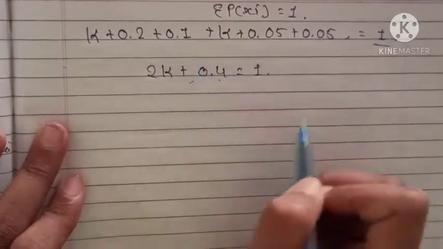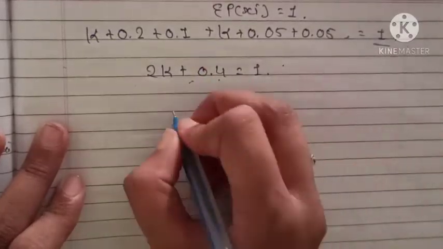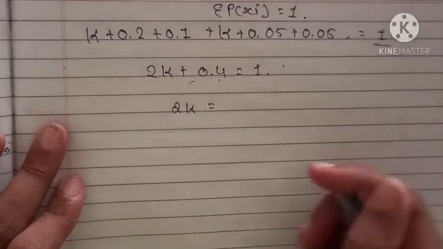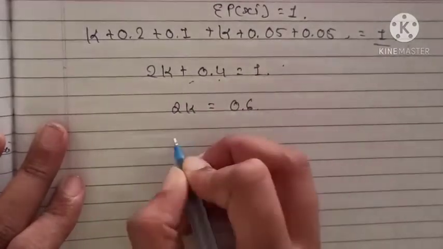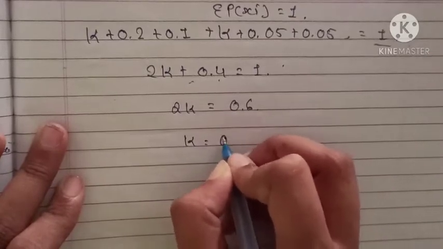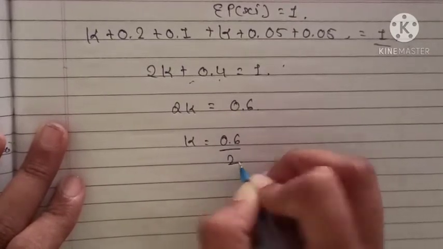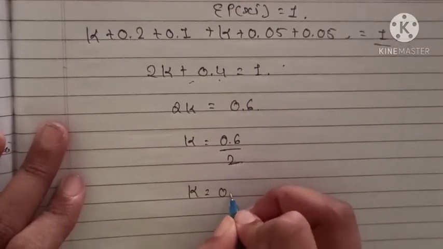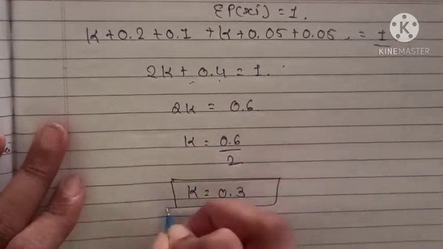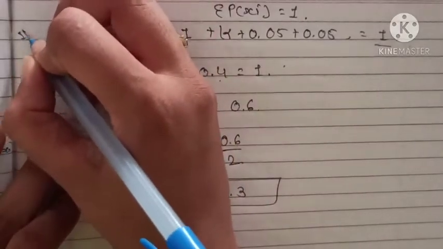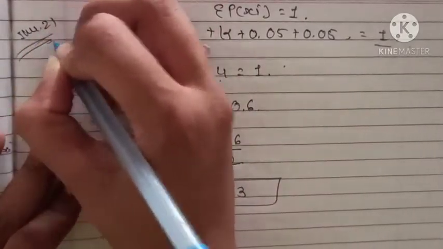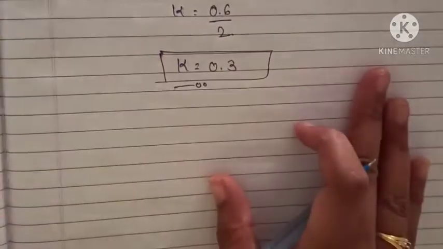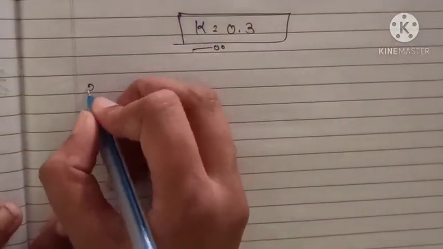Here it's a plus; when it comes this side it will become minus. So 2k is equal to 1 minus 0.4. It will come 0.6. That is k is equal to 0.6 divided by 2. That is, k will be 0.3.